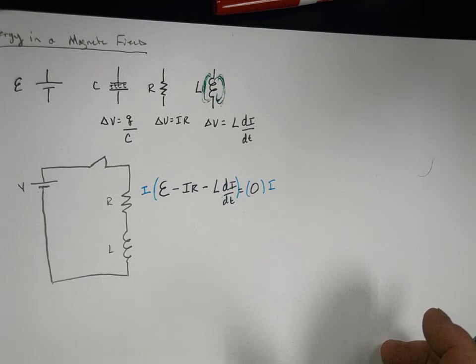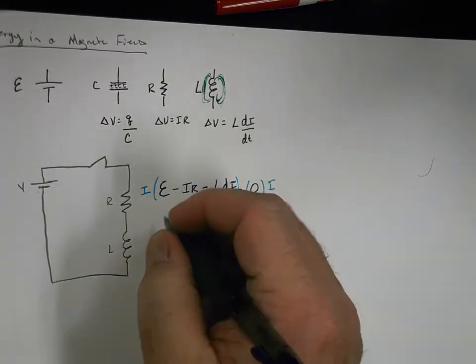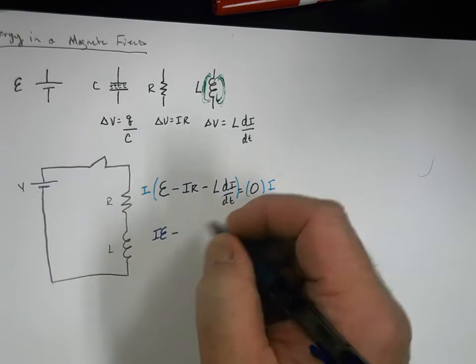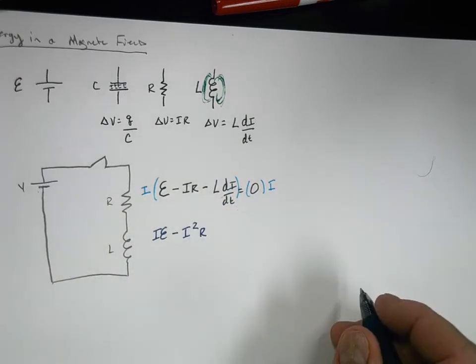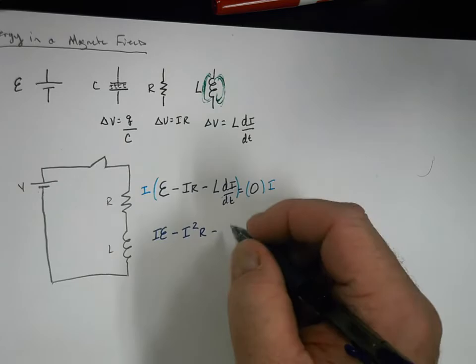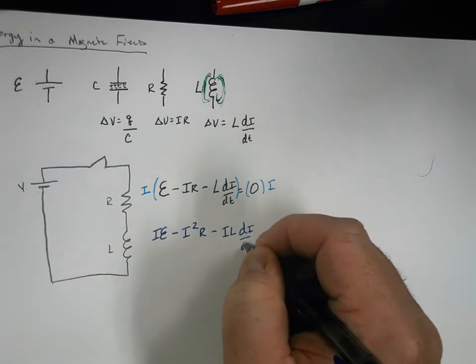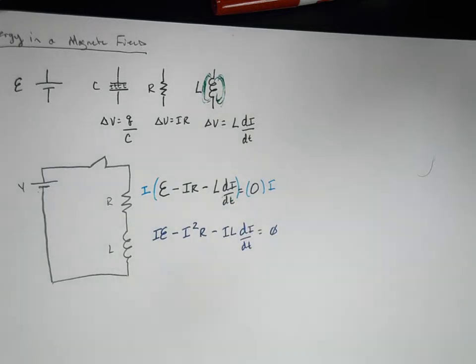So what does that give us? That will give us IE, I squared R, and I L dI/dt, and this will still equal 0 over here.